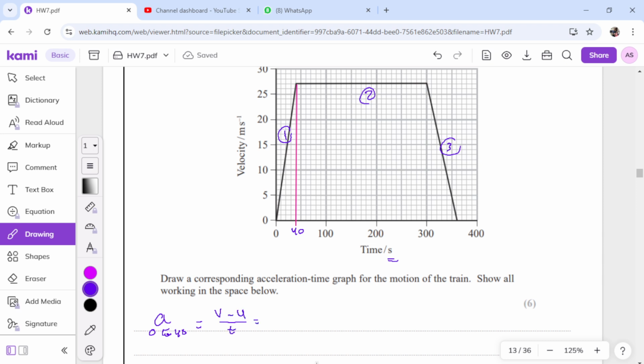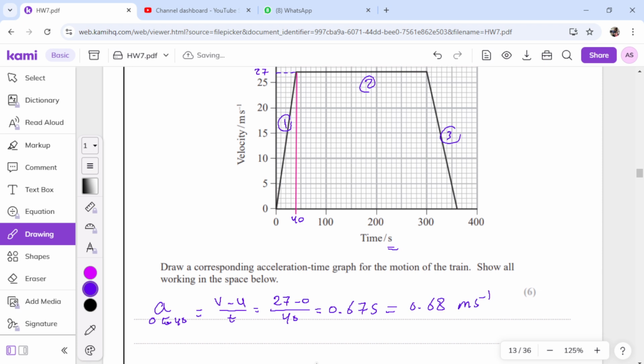What is v? v is here, 27. So it will be 27 minus 0 over 40. Use your calculator. It equals 0.675, which will be rounded to 0.68 meters per second squared.